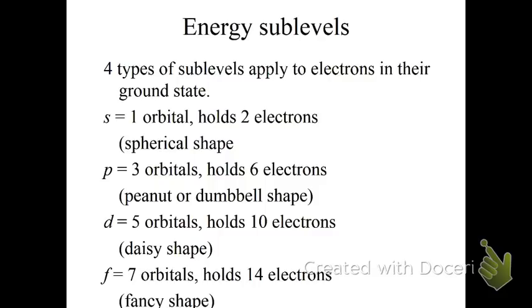The d has 5 orbitals and it holds 10, again, 2 electrons in each orbital. It's kind of a daisy shape. Basically, it's 2 of the p orbitals put together like a dumbbell. And then the f sublevel has 7 orbitals and holds 14 electrons. Again, each orbital holds 2 electrons, so 7 times 2 is 14. And it's called fancy shape or complicated sometimes.